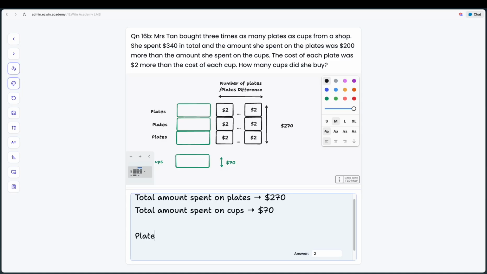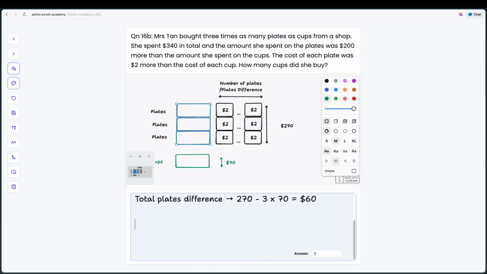So total plates difference is equal to 270 minus, since we have 3 cups over here, 3 times 70, and this will give us $60. So we can get the number of plates, which is basically 60 divided by 2, which is 30.